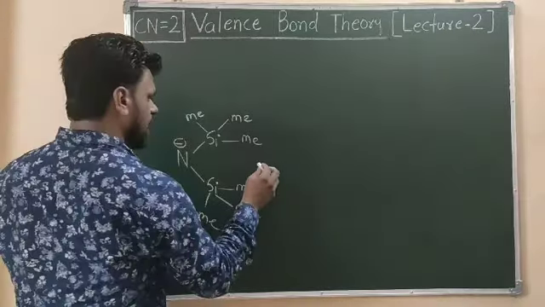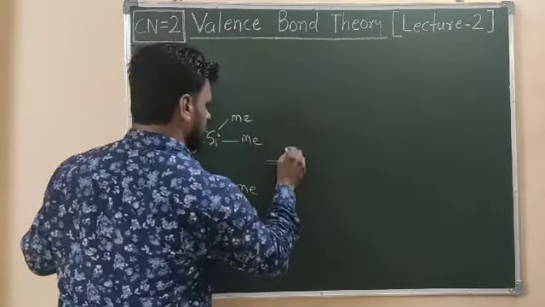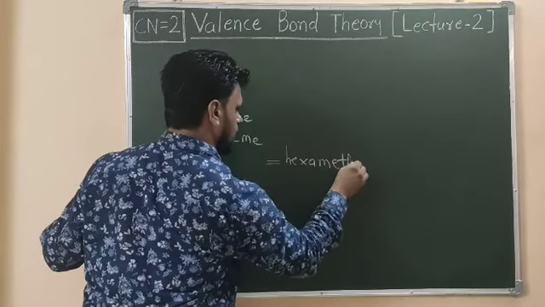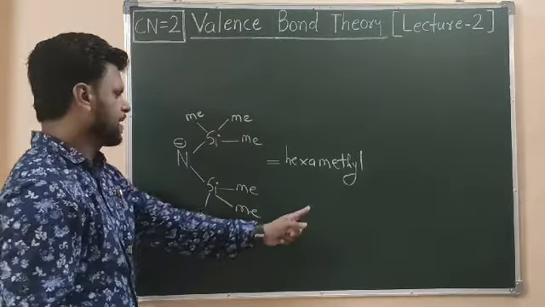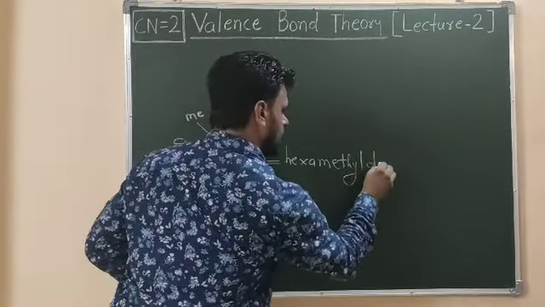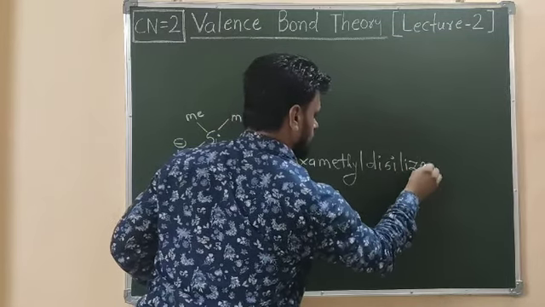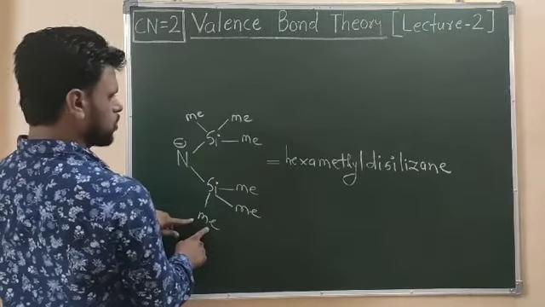This ligand we generally refer to as hexamethyl, we have 1, 2, 3, 4, 5, 6 methyls, hexamethyldisilazane, di meaning 1, 2.